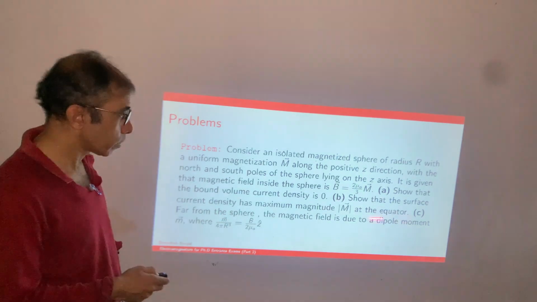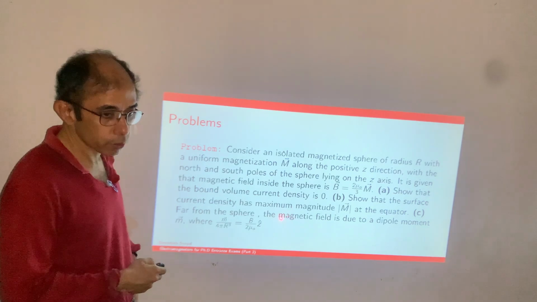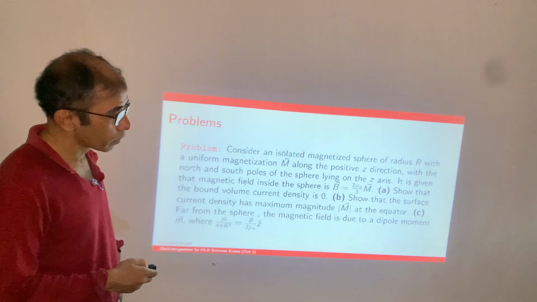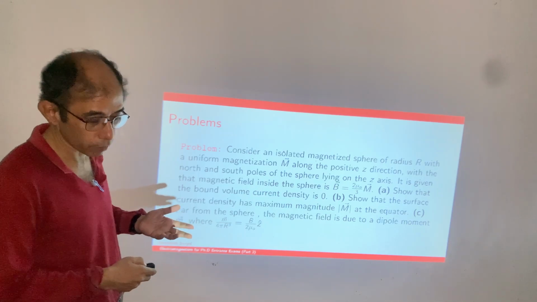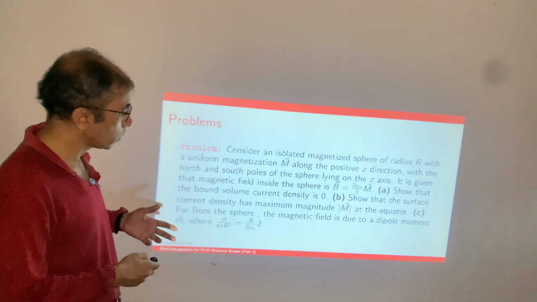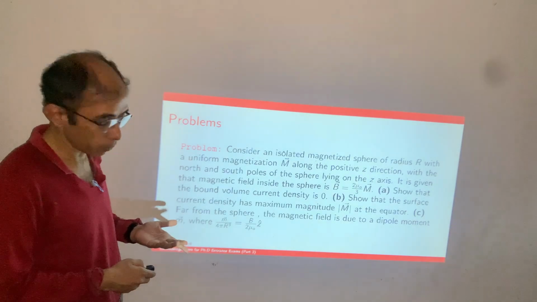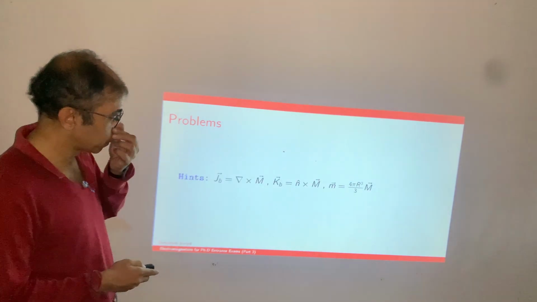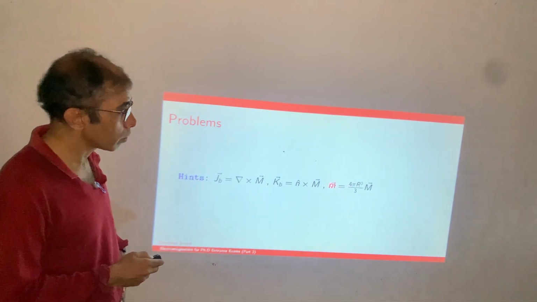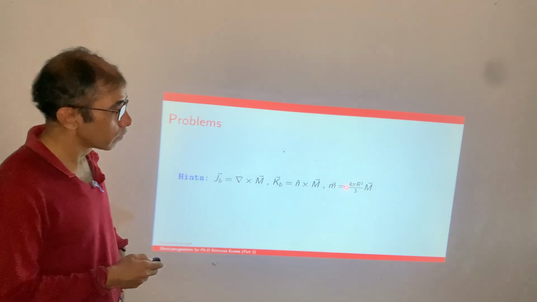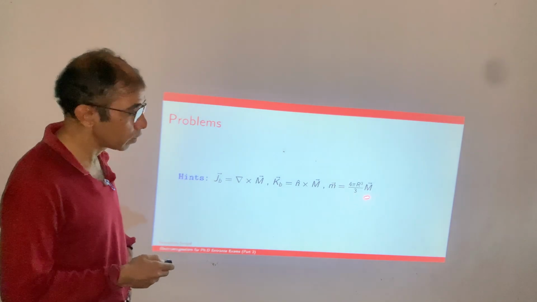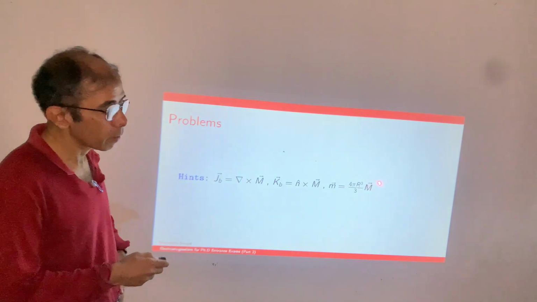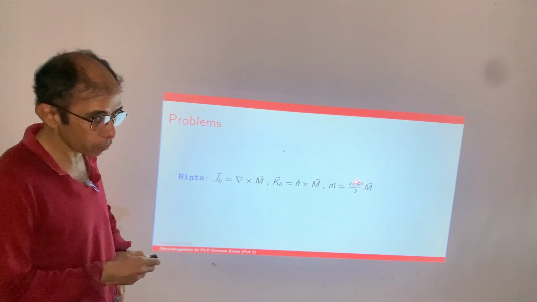And the third question is, very far away from the sphere, actually you don't see the dimensions of the sphere. What you see is just the total magnetic moment of the sphere. The total magnetic moment is 4πr³/3, the volume of the sphere, times the magnetization. Magnetization is magnetic moment per unit volume.